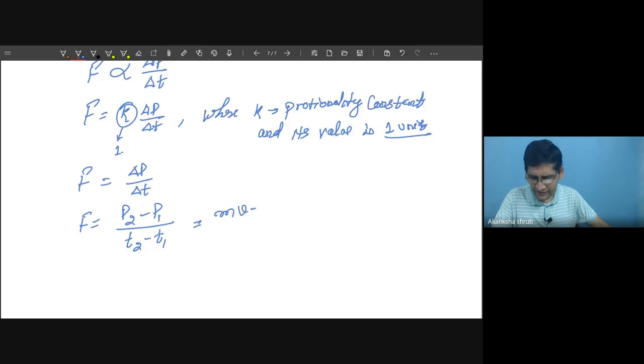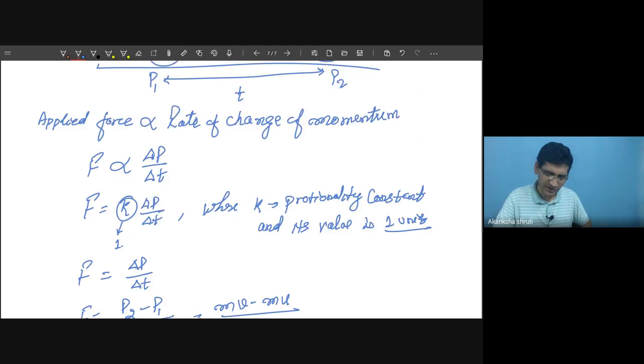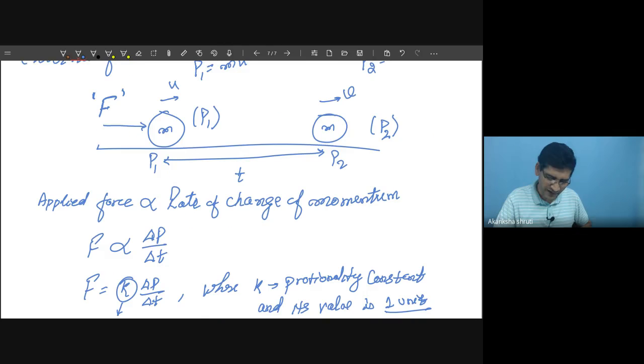So mv minus M into U, divided by the time interval. This P1 was at time T1, and P2 at time T2, but the difference T2 minus T1 must have some value. Like you started your journey at 1 o'clock and reached somewhere at 3 o'clock.